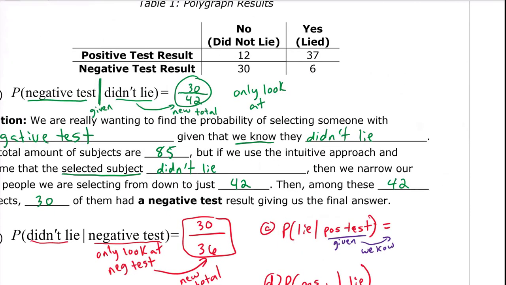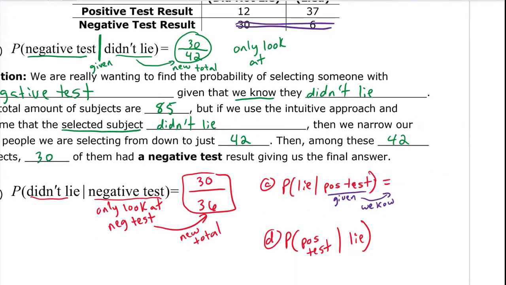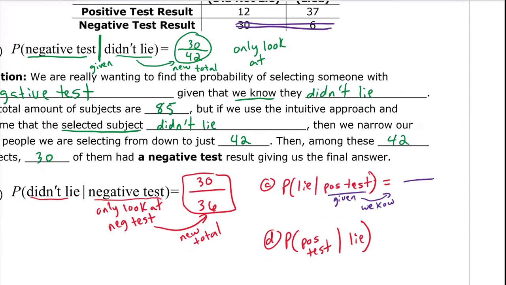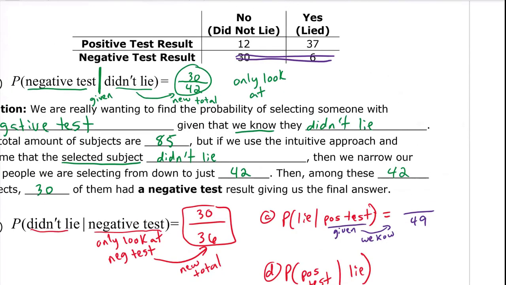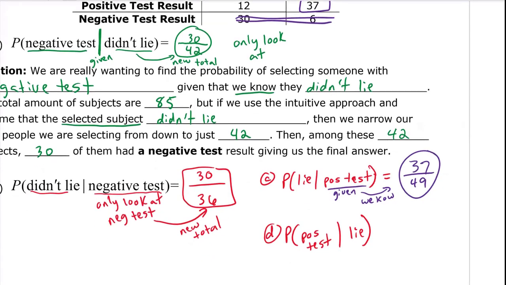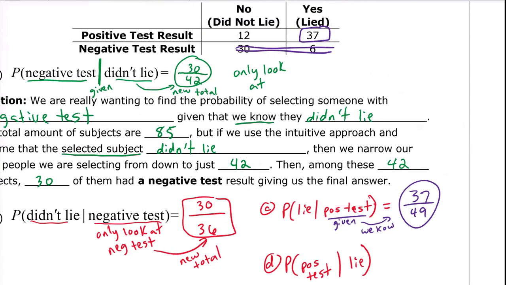So we're going to cross out all the negative people. So I crossed them out. So that's going to be 12 and 37 will be 49. Of those 49 people, how many lied? We had 37 of them lie. And then you can make that a decimal or a fraction, whatever you need.